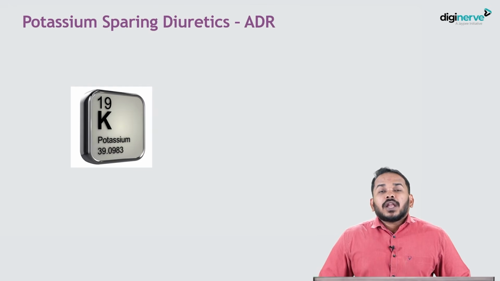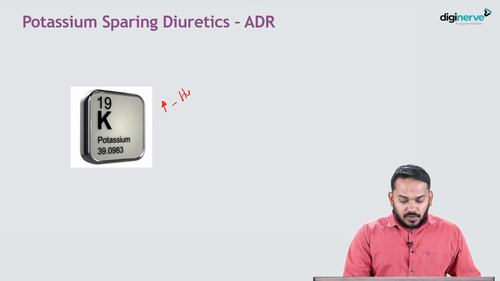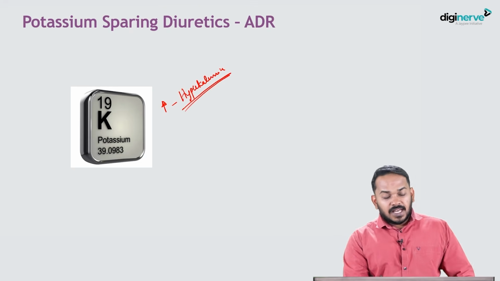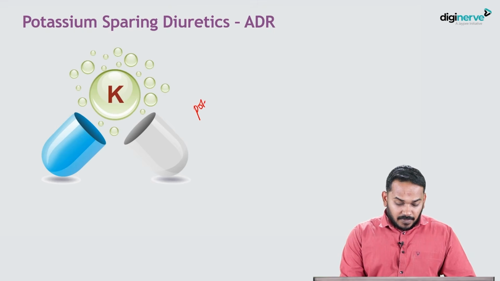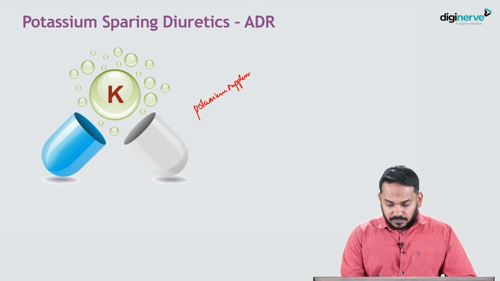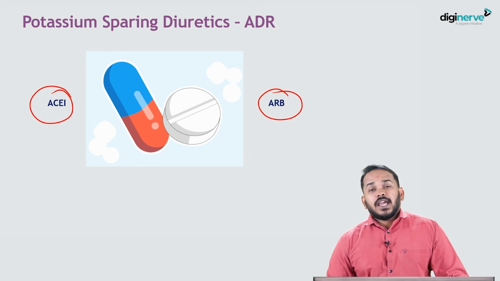Now we will see what are the adverse effects of potassium sparing diuretics. By increasing the plasma concentration of potassium, these agents can produce hyperkalemia. And this hyperkalemia is very common if you are using potassium supplements. Or when you are combining these potassium sparing diuretics with ACE inhibitors or ARBs.